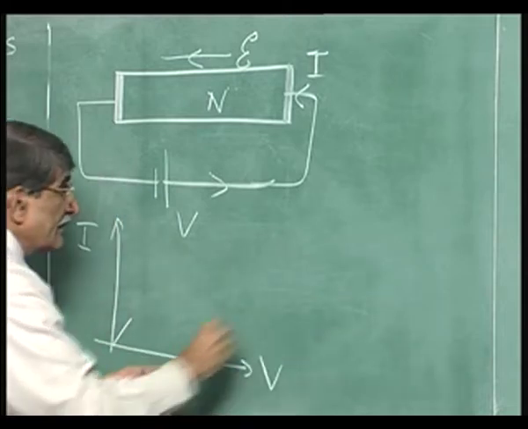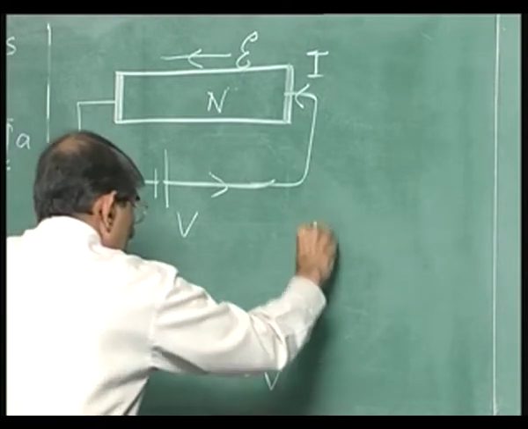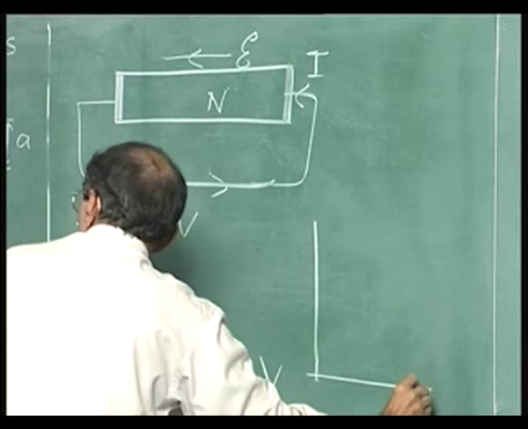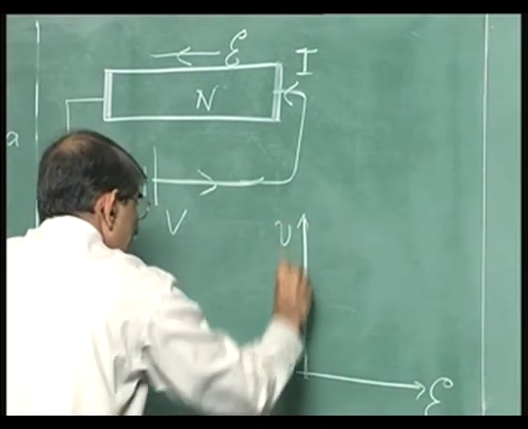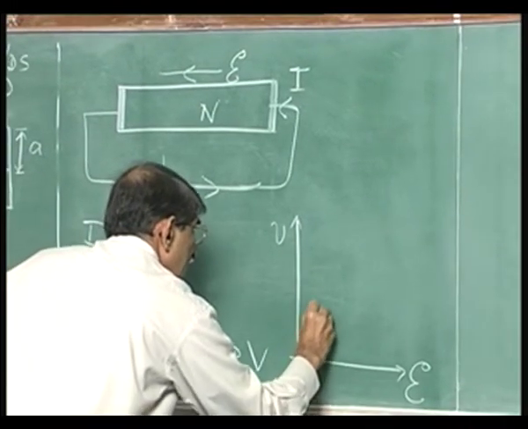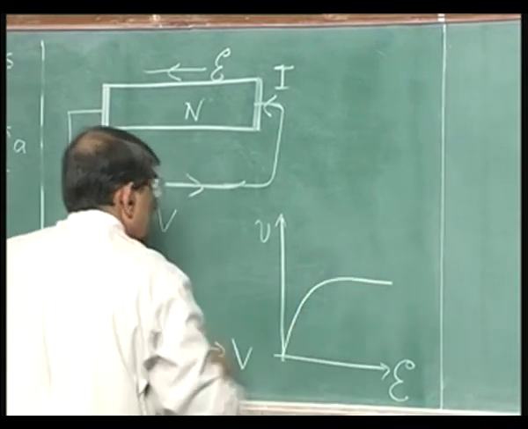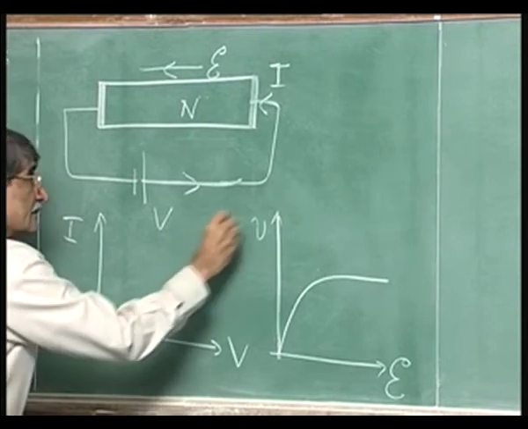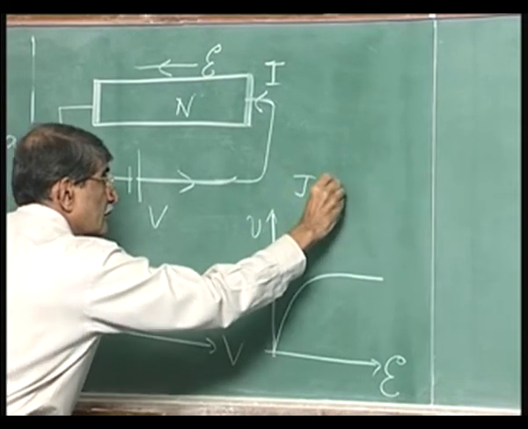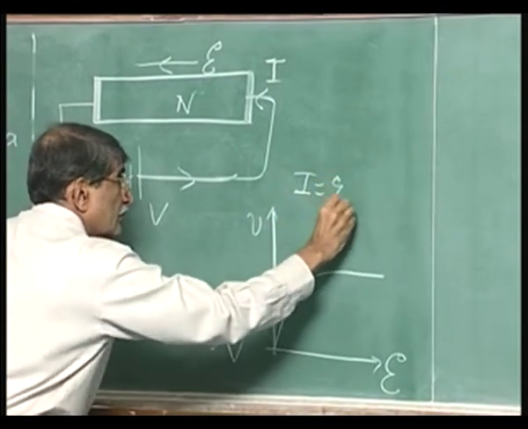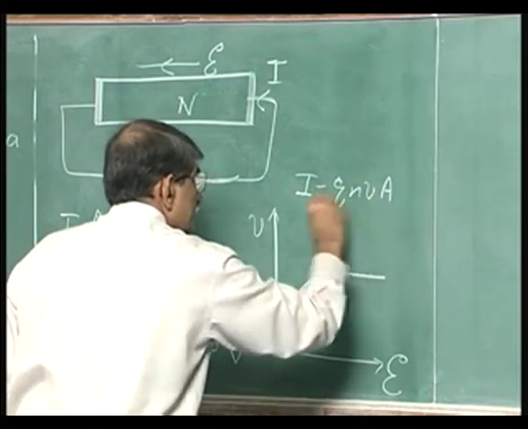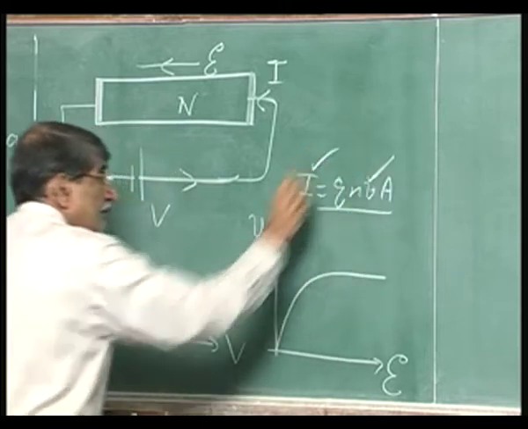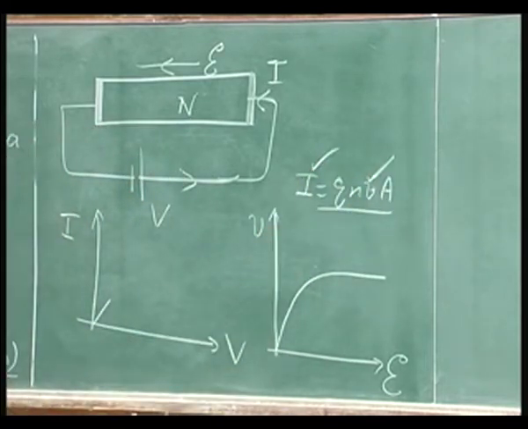I will just put side by side the electric field versus the velocity, if it is like this. Since J is equal to Q n V, and I is equal to Q n V into area, the current will follow the way the velocity follows.